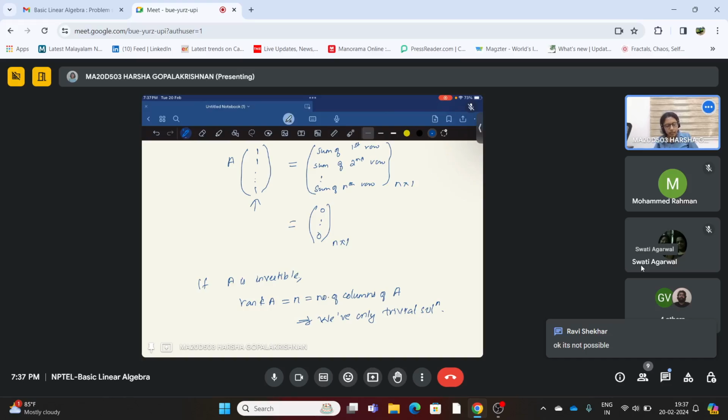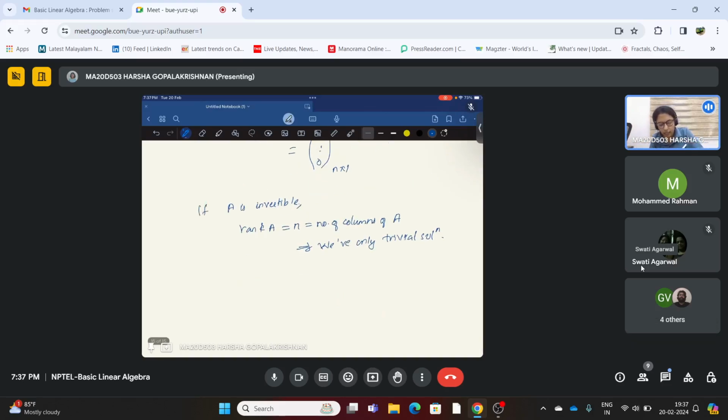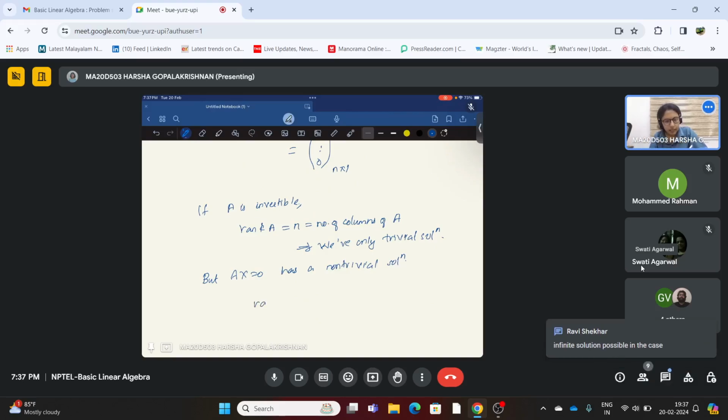But what we got is that Ax equal to 0 has a non-trivial solution. So its rank cannot be equal to n. Rank is strictly less than n.